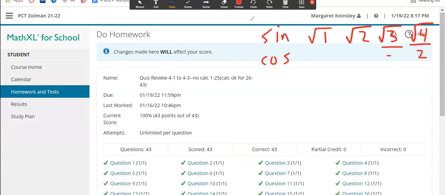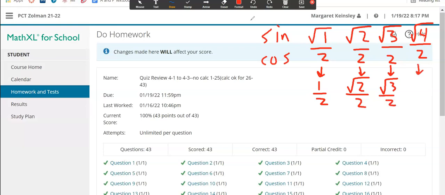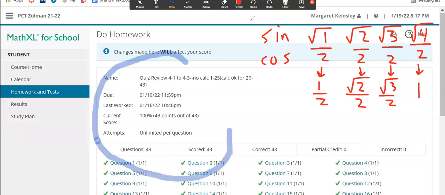Divide by 2. We got 1/2. We got radical 2/2. Radical 3/2. And 1. These are the most popular on the circle. I remember doing those all the time.